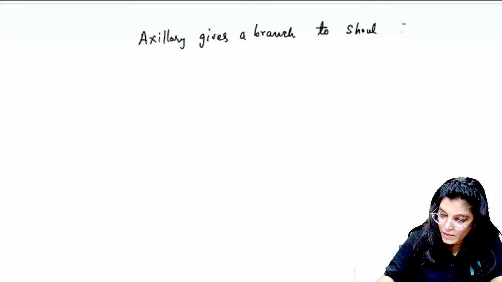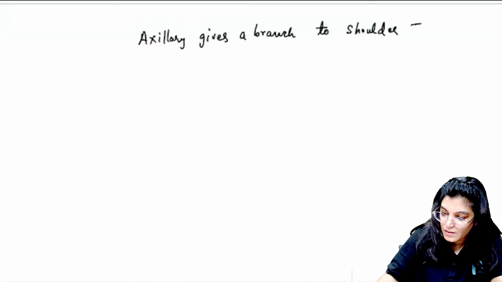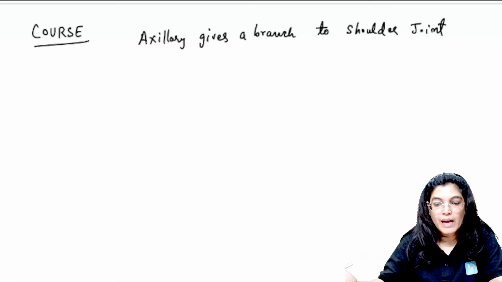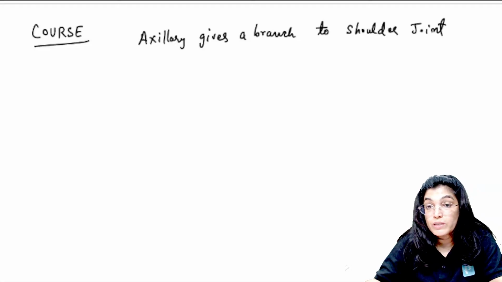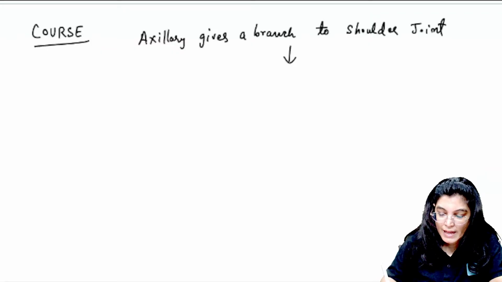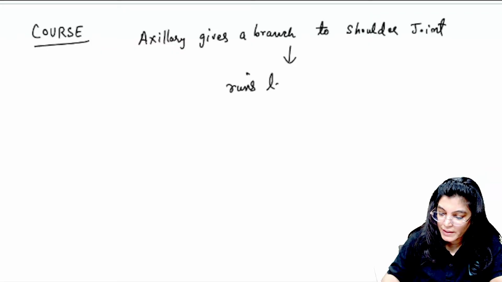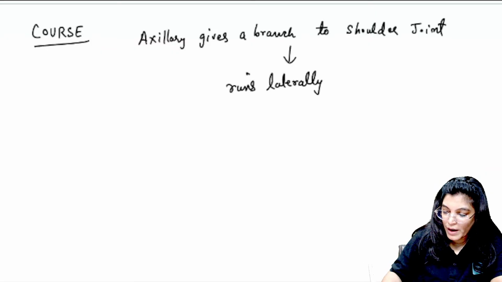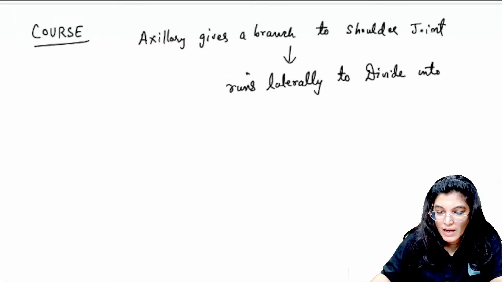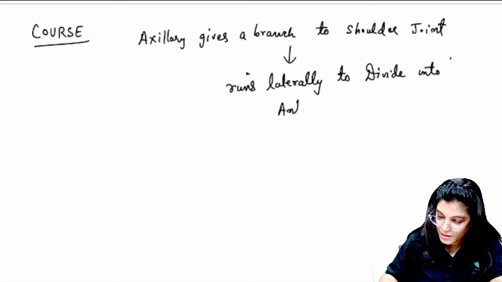So we are subsequently proceeding with the course. I have told you the course till the level where it traverses in close association with the shoulder joint and surgical neck. Here it gives a branch to the shoulder joint and then runs laterally to divide into anterior and posterior division.